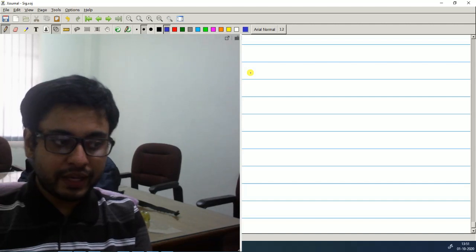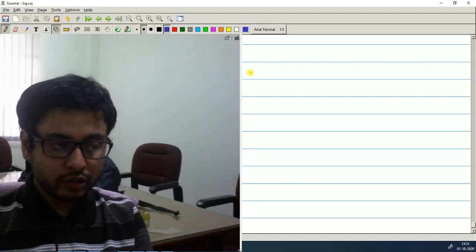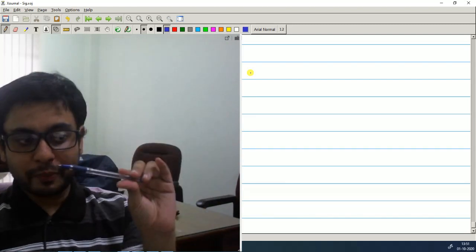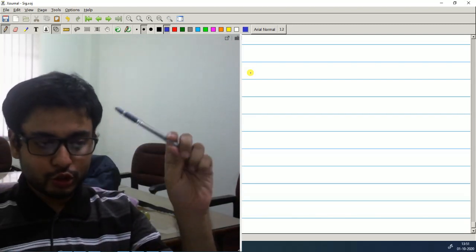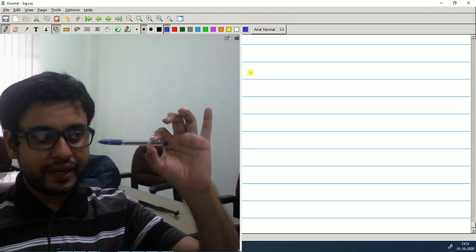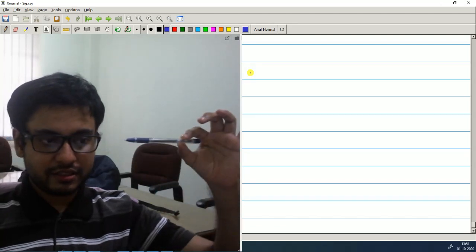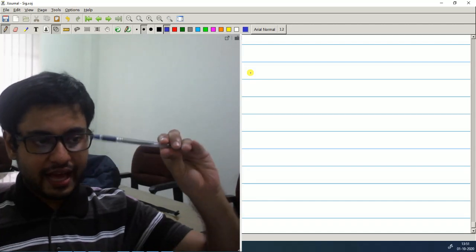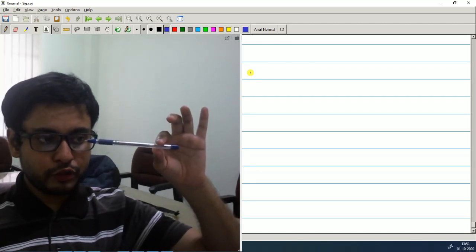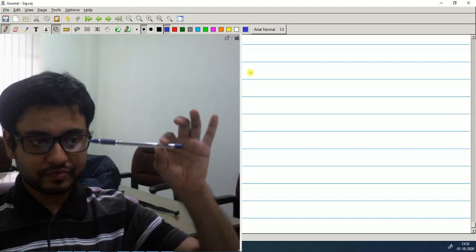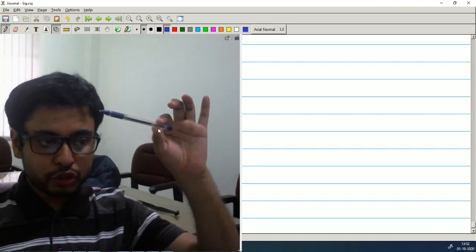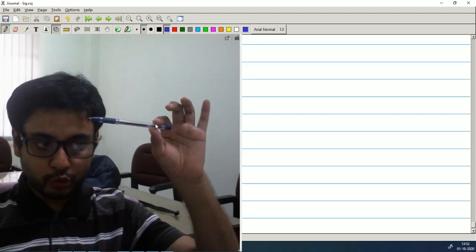Okay, another very simple experiment that you can do right now together with me, if you just have a pen with you. So do this. Hold the pen lightly between two fingers, and then move your hand up and down. Okay, and then the motion of your finger is the input.